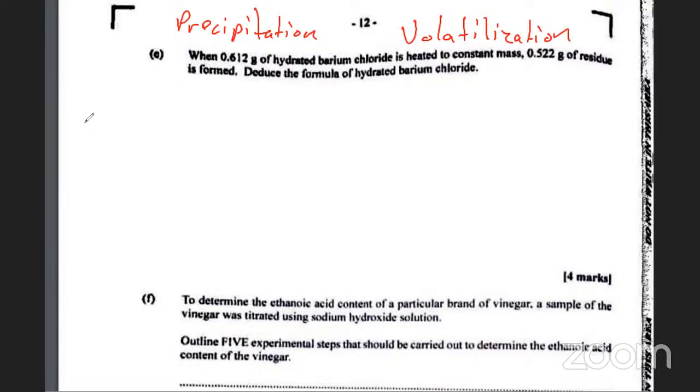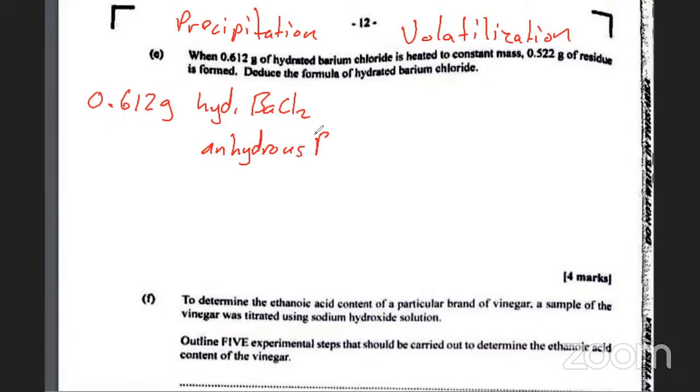All right, so 2 grams of hydrated barium chloride. If it's hydrated, it has water of crystallization. So if you heat the hydrated salt, you're going to remove the water from it, and then it will become anhydrous. The anhydrous barium chloride, after you have heated it, is now 0.522 grams.